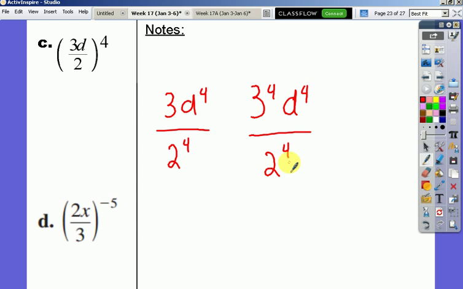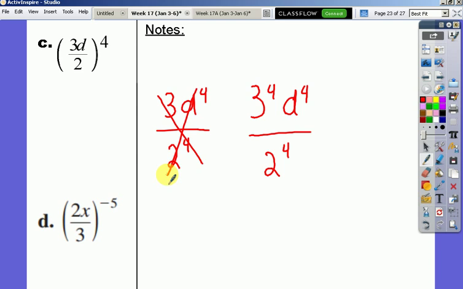Second one, yeah. You want to take both the 3 and the D and raise it to the 4th power. Here we don't really have any negatives, so using parentheses won't mess us up because we're just doing positive exponents. But remember that the entire product has to be raised to that exponent. So 3D is a product. That has to be raised to the power of 4, both the 3 and the D.